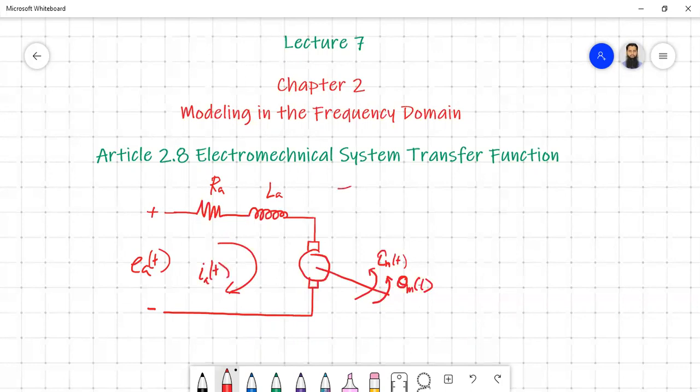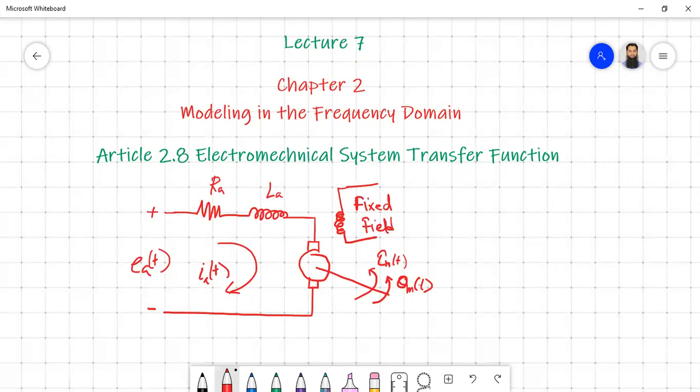Don't forget about the field. We are considering a fixed field. Fixed field means either using a permanent magnet or an electromagnet supplied with a separate voltage source so that it doesn't affect the changing of the flux. So simply we call it fixed field.